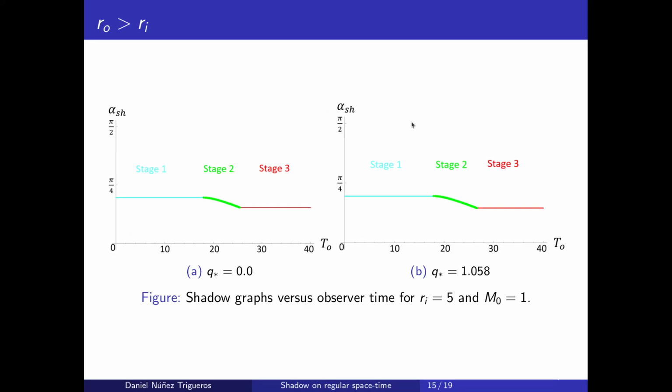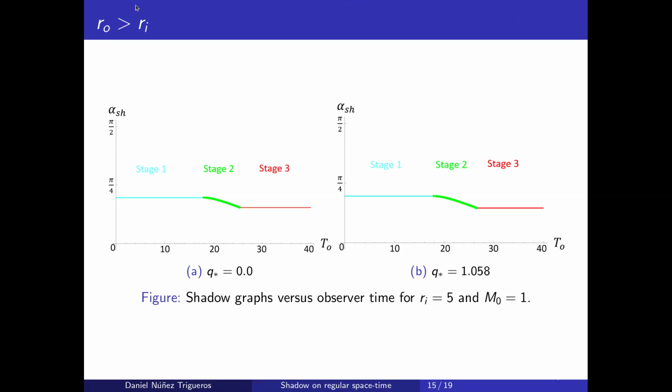This is the result of the collapse. On the left, we have the case of Schwarzschild, that is when the length scale parameter of Hayward is equal to 0. And on the right, we have an extremal case of Hayward. And maybe it's difficult to see, but in the case of Hayward, we achieve a smaller angular size of the shadow.